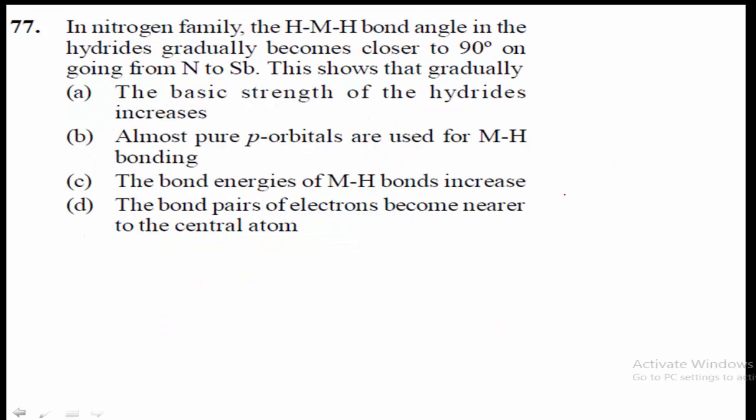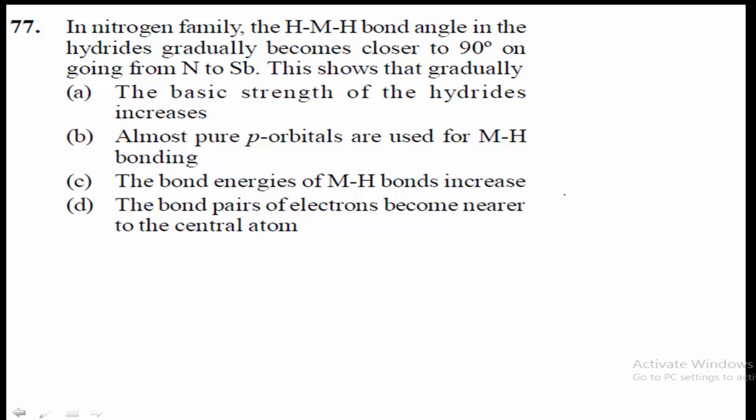77th. In the nitrogen family, the H-M-H bond angle, that is hydrogen, metal and hydrogen, in the hydrides gradually becomes closer to 90 degree on going from nitrogen to antimony. This shows that gradually, option A, the basic strength of the hydrides increases. Option B, almost pure p orbitals are used for M-H bonding.